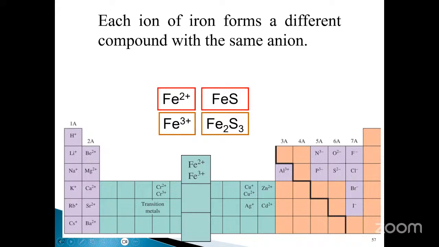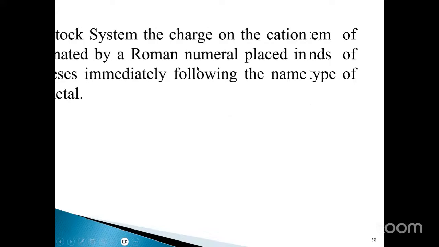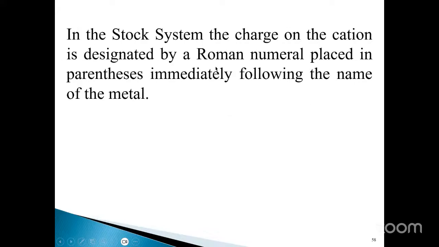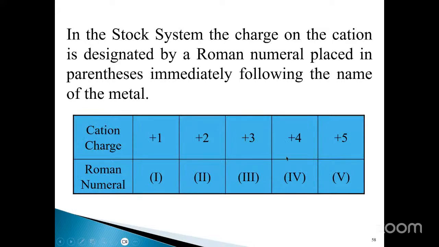So if they're different compounds, they must have different names. According to the stock system, to distinguish between these ions, we use Roman numerals within parentheses to indicate their respective charges. These are the charges, and these are the corresponding Roman numerals, and the Roman numerals must be placed within parentheses in the name of these ions.